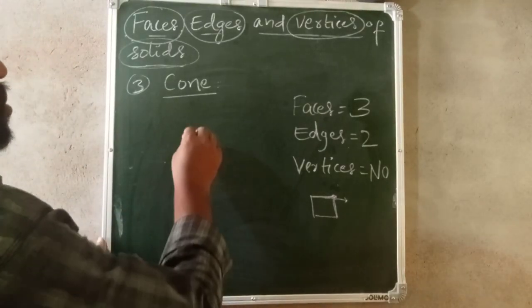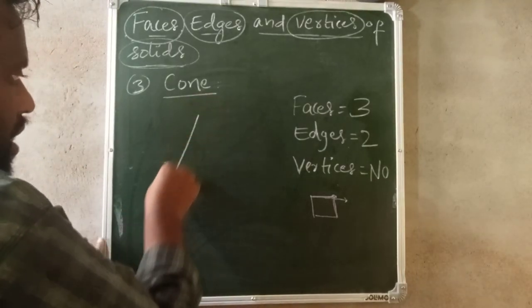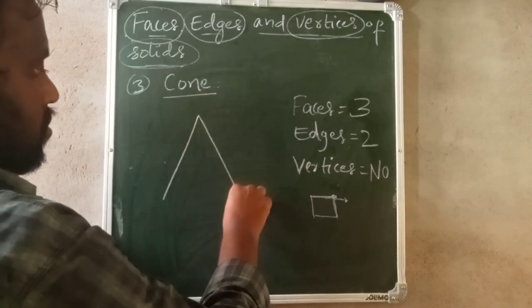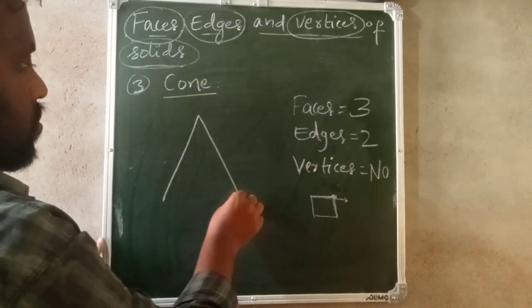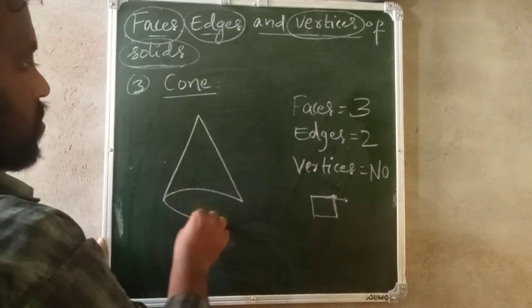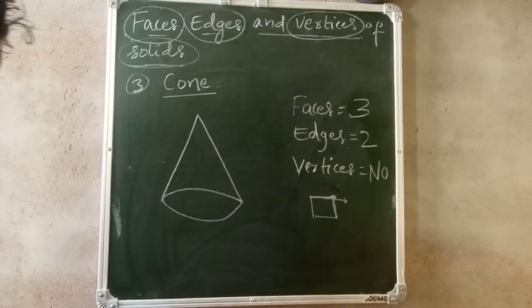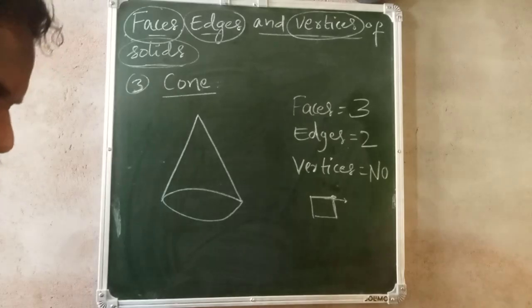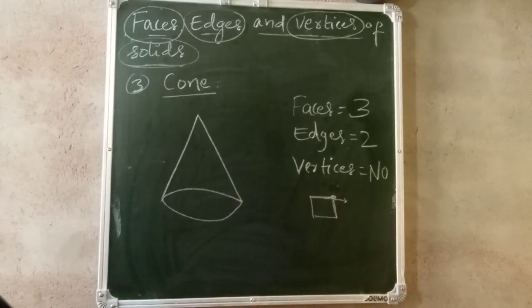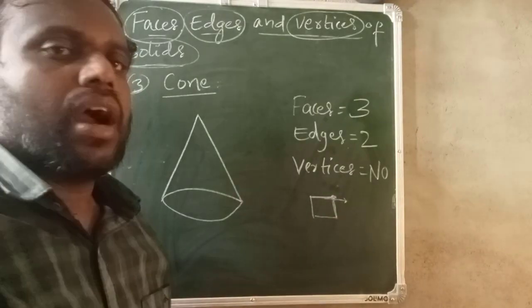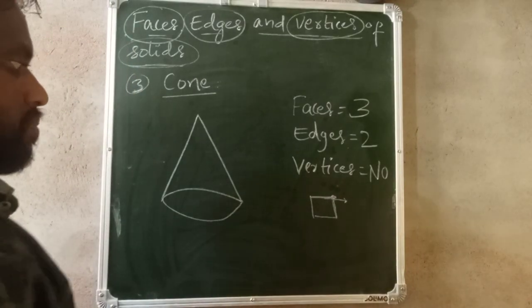So how the cone looks, I will draw the diagram. See, like this. So this is a cone. A real life example for the cone is ice cream, no?